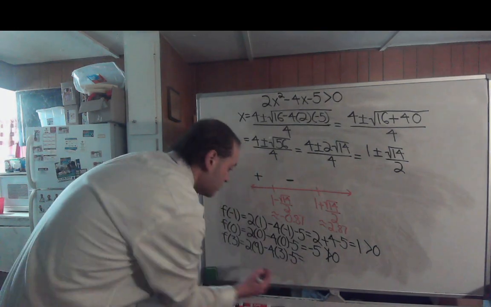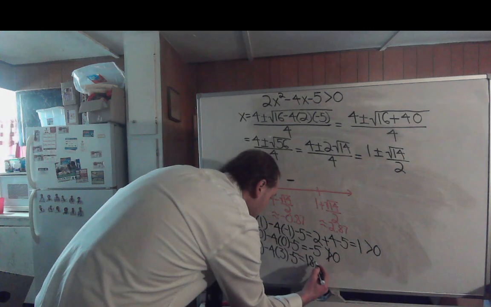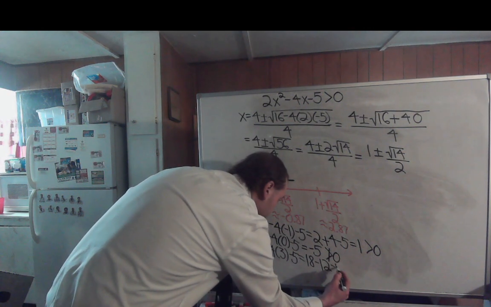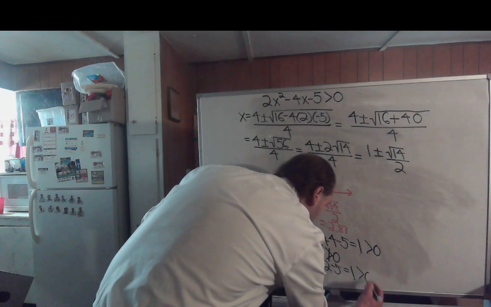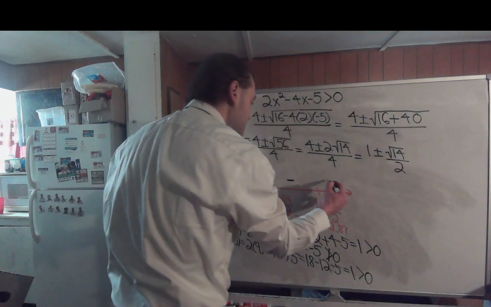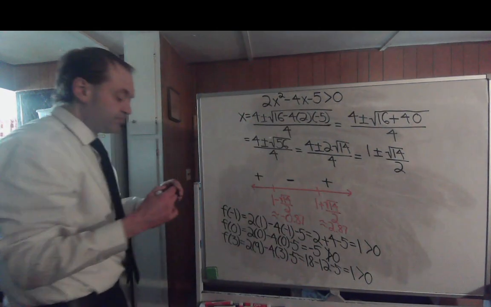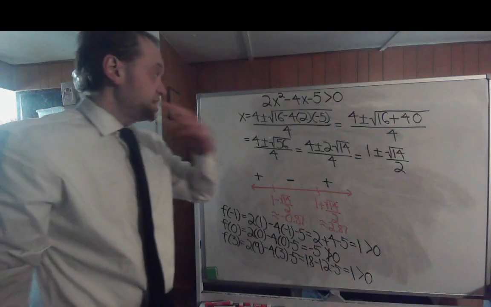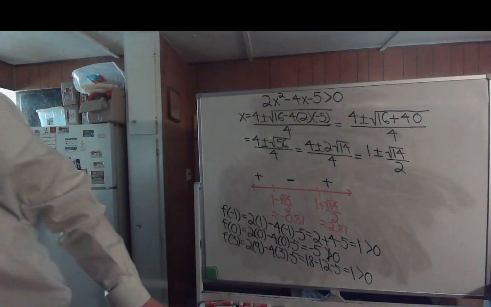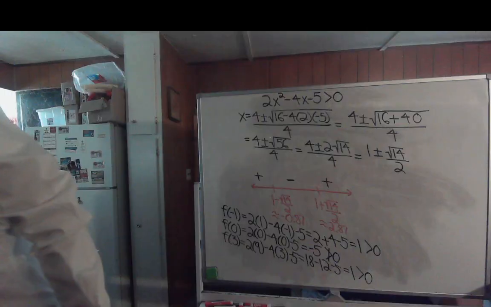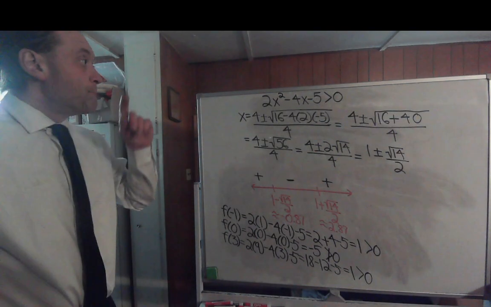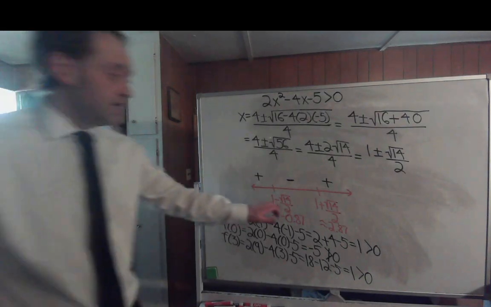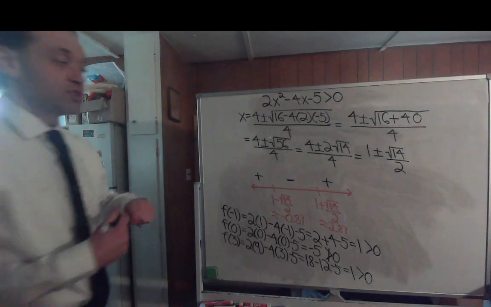So that's going to equal 18 minus 12 minus 5. That would also be equal to 1. Well, 1 is definitely greater than 0, so you'll put a positive sign in that interval. And what we're looking for, since the inequality is greater than 0, is actually going to be positive results. But since it's just greater than, these numbers are not included in your solution.